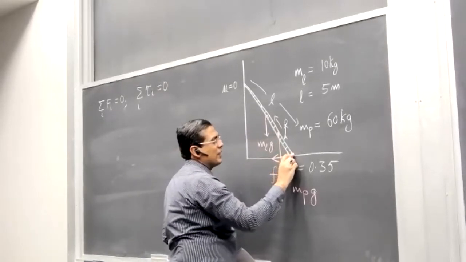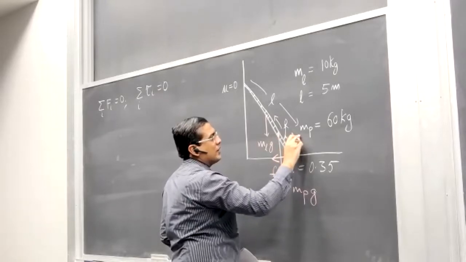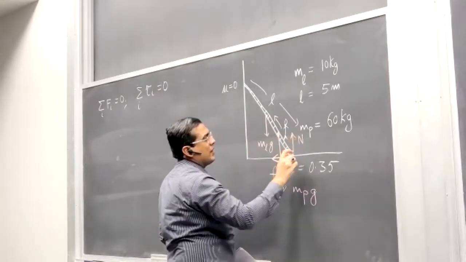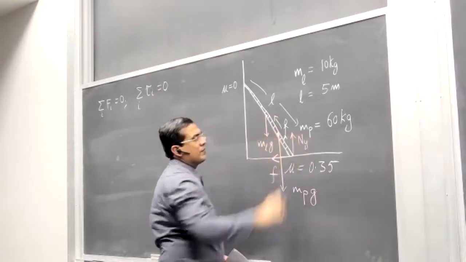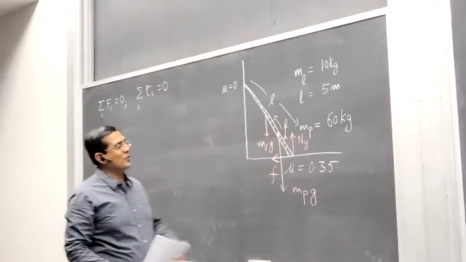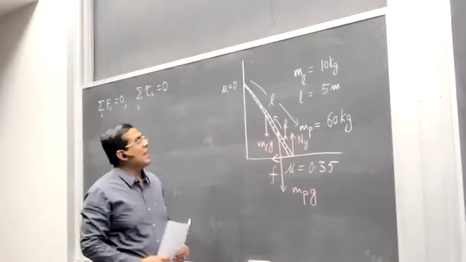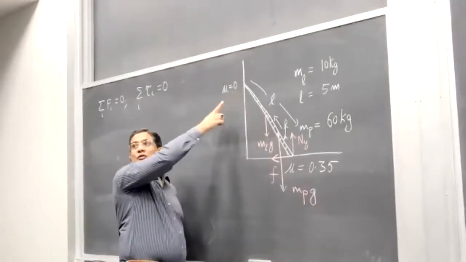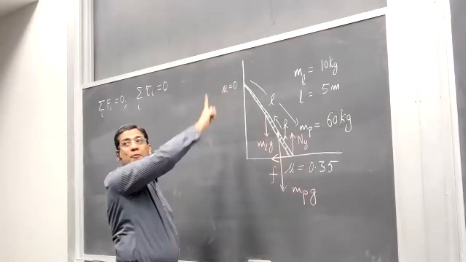So the ground is exerting a normal force upwards here. Let's call this NY. Why NY? Because I have another normal force, so I don't want to use just N. And here, since there is no friction, there is no force upwards.